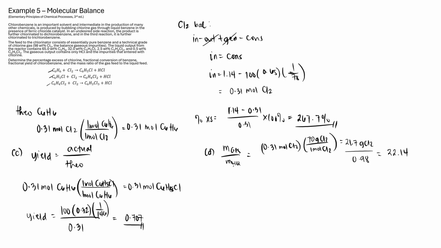And then the mass of the liquid is just the benzene. We can get that. So 22.14 grams over the mass of the liquid, which is 1.14 moles, and then 1 mole C6H6, 78 grams.